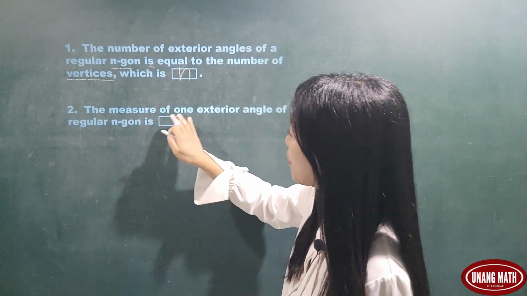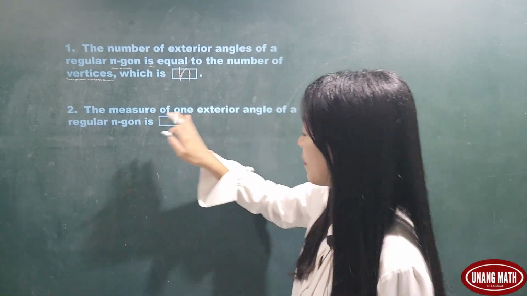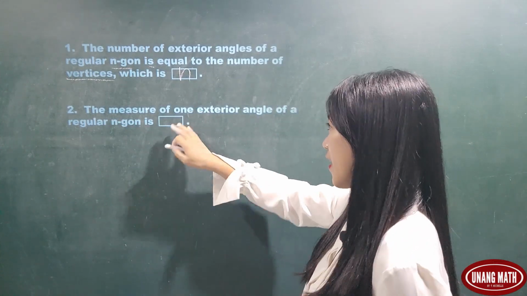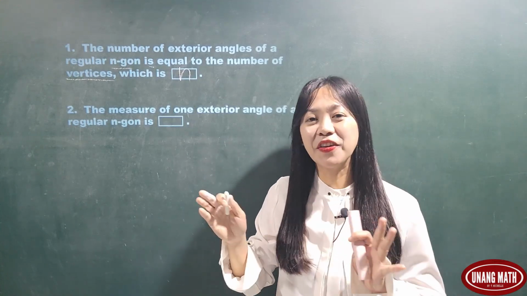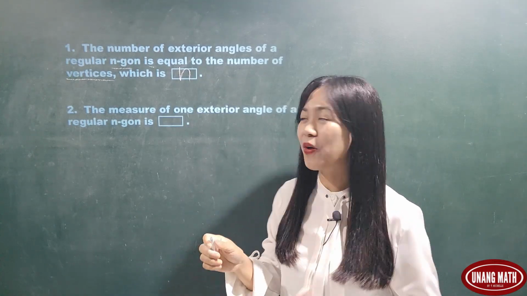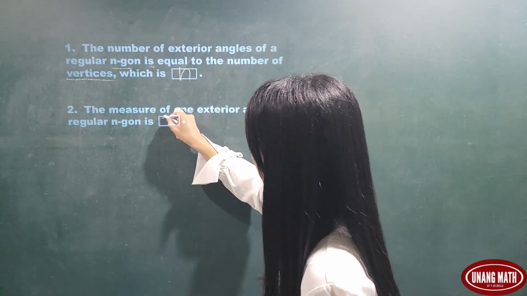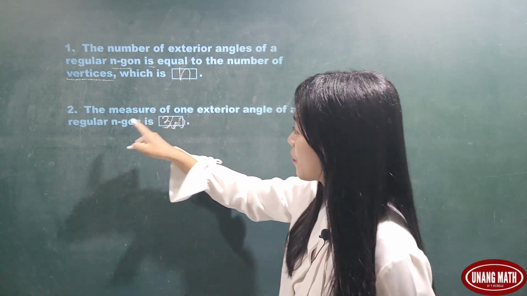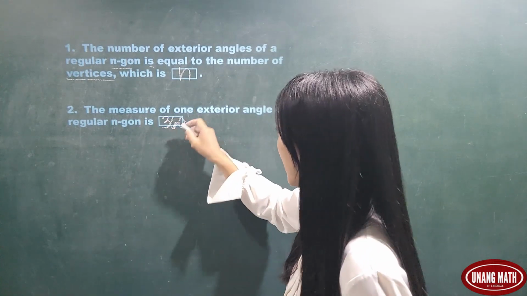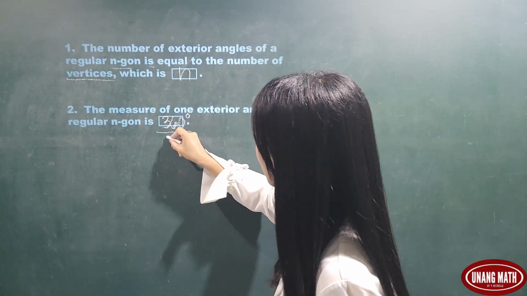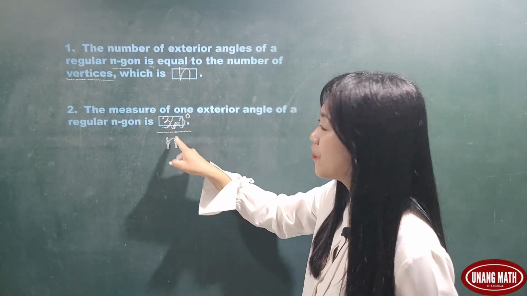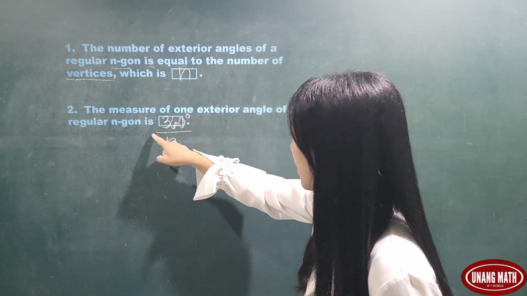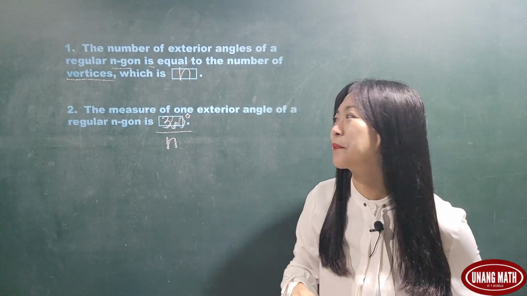So the measure of one exterior angle of a regular n-gon would be, okay, the sum of the exterior angles of any polygon is 360 degrees. And to find the measure of one exterior angle of a regular n-gon, 360 degrees divided by the number of vertices, which is represented as n. So 360 degrees divided by n.